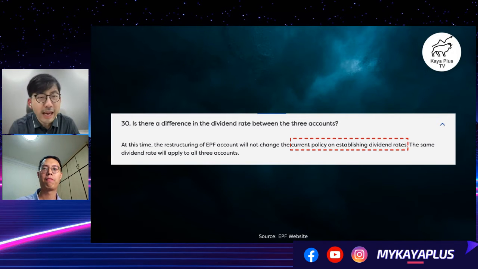But to me, I don't think this is practical. I think it's a matter of time. They will change the dividend rates across the different accounts, because the more liquid the money is, the harder it is for you to go for long-term investment and, of course, higher dividend rates. Yeah. So in short, this is everything you need to know about account 3.